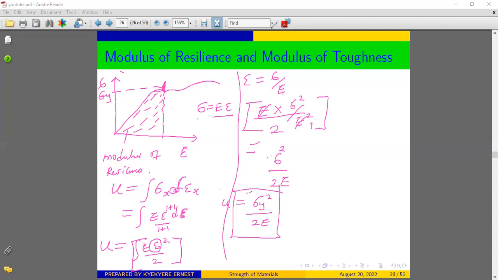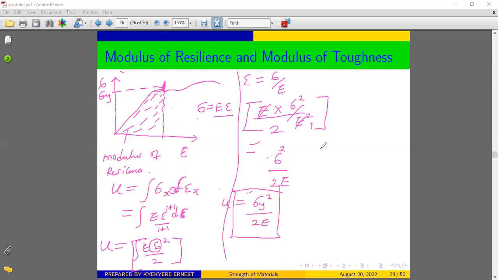So now, what is this modulus of resilience which we are talking about? The modulus of resilience, which we are saying is the strain energy up to the yield point, is a measure of the maximum energy that can be absorbed per unit volume without creating a permanent deformation.